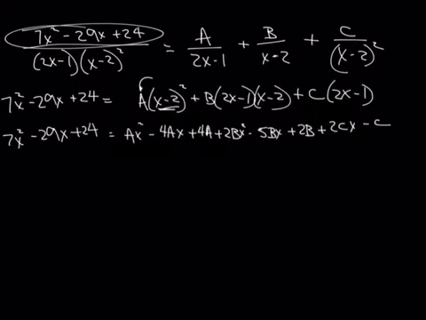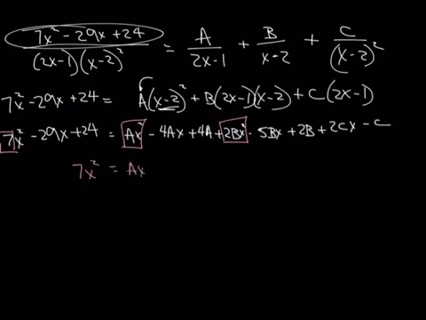So the reason I say that is because I can write this as 7 equals this and this. So it's basically 7x squared. Where we got that?